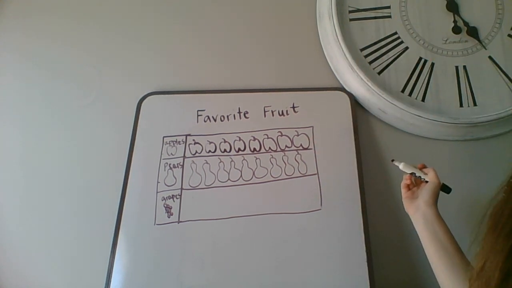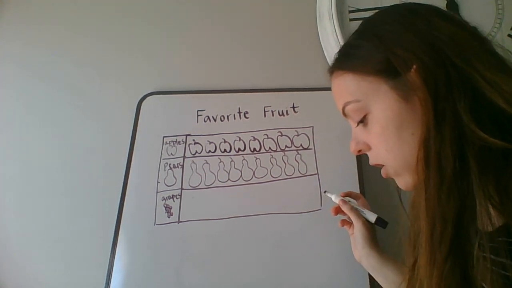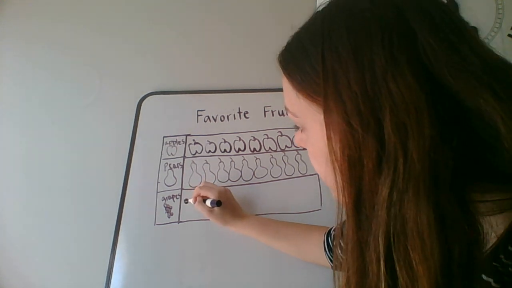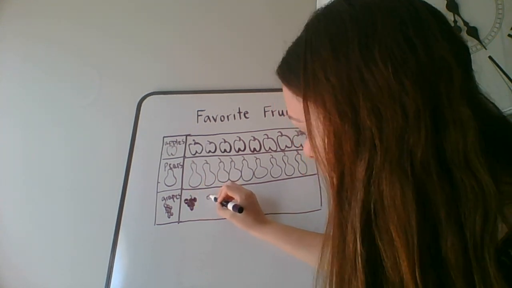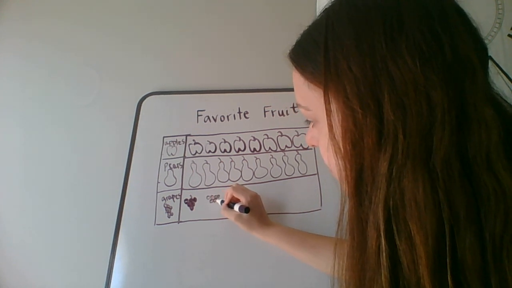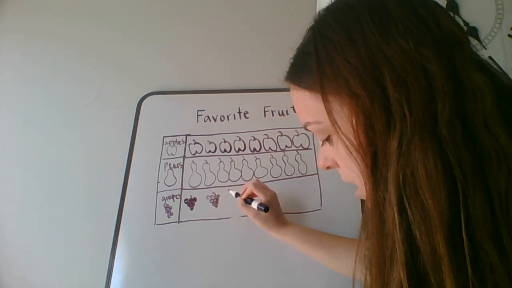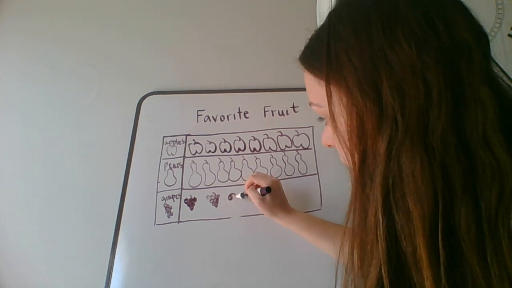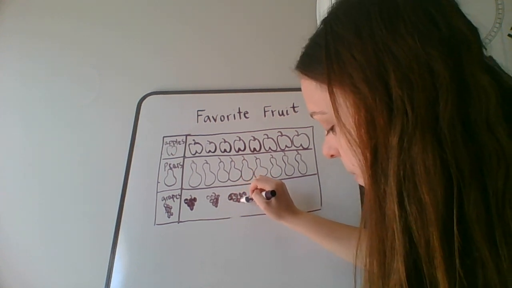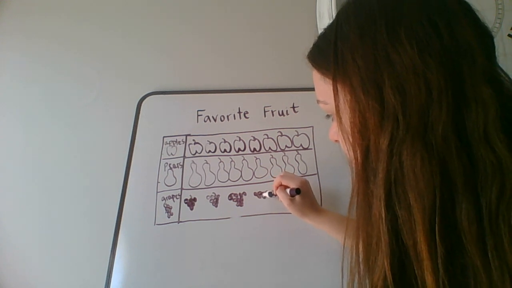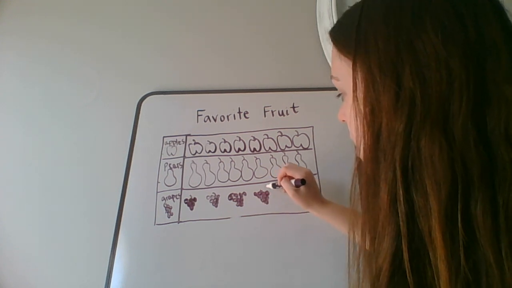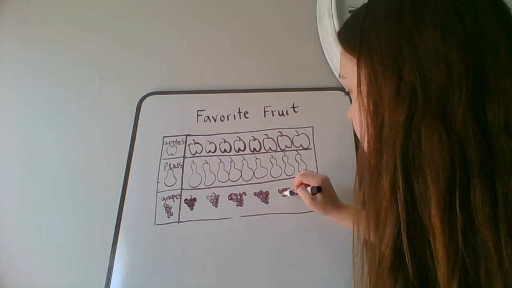All right, and then let's say we went down to grapes, and I know that Ariana likes grapes, and Jamari likes grapes, and Chloe likes grapes, and Jolie likes grapes, and Kellen likes grapes.